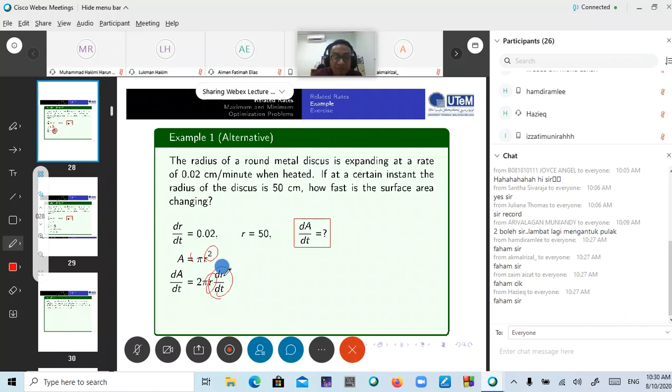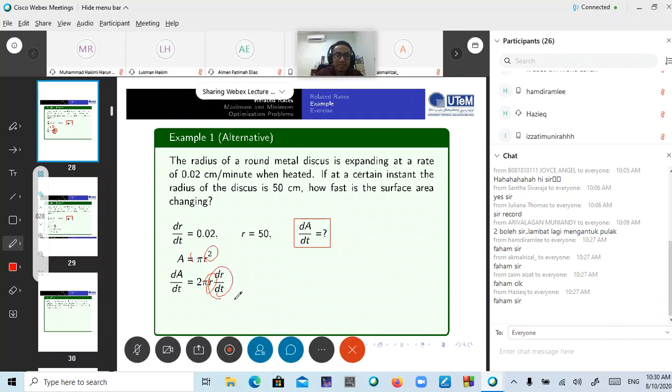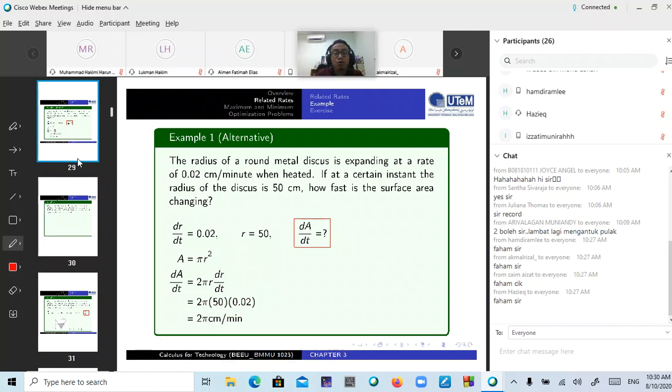Because r is a function of t. That is why it becomes dr over dt. So you have this, and what you want to find is dA over dt. dr over dt is also given by the question. So you just substitute the values given. You will get 2 pi times 15 times 0.02. So you can get 2 pi cm per minute.